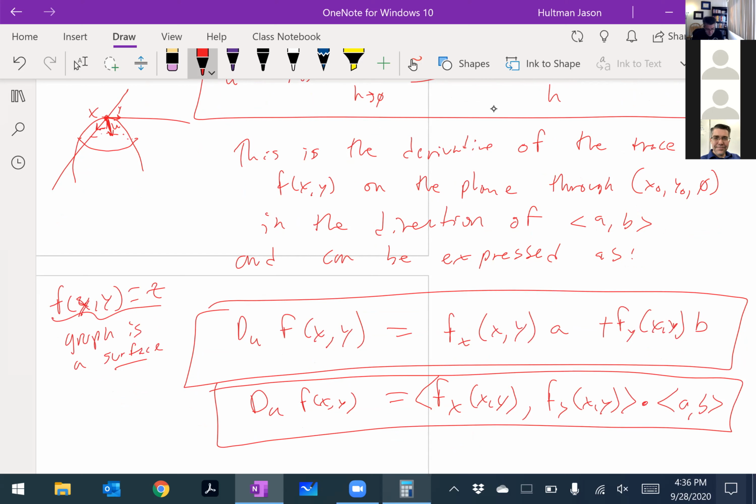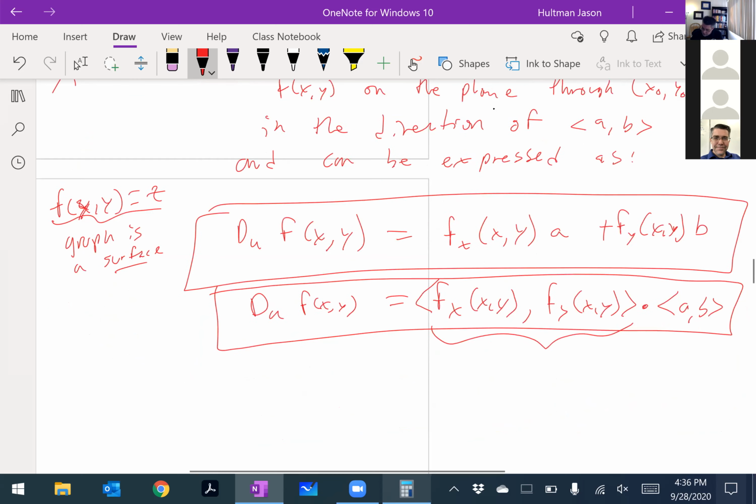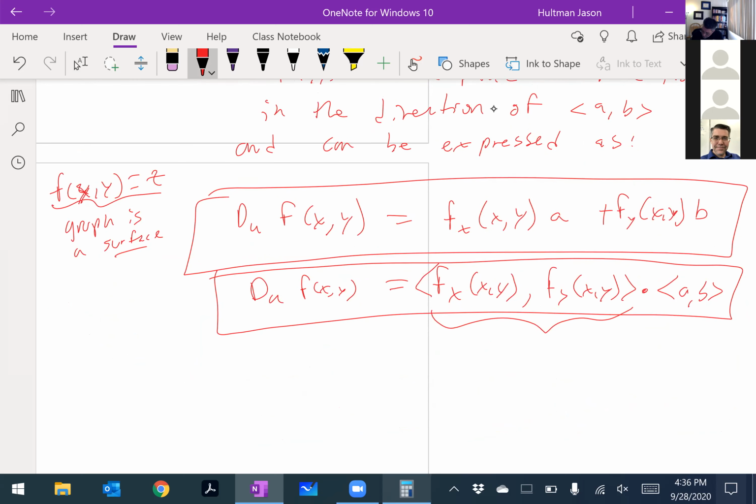This thing, this vector, has a special name. It's called the gradient vector.